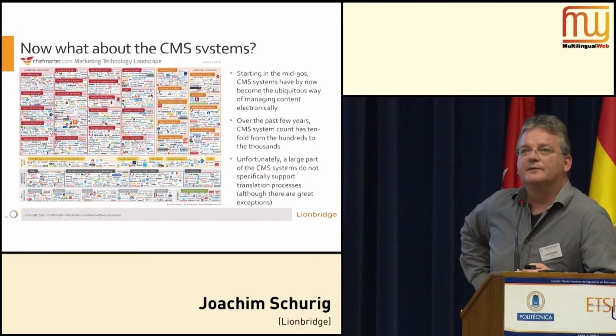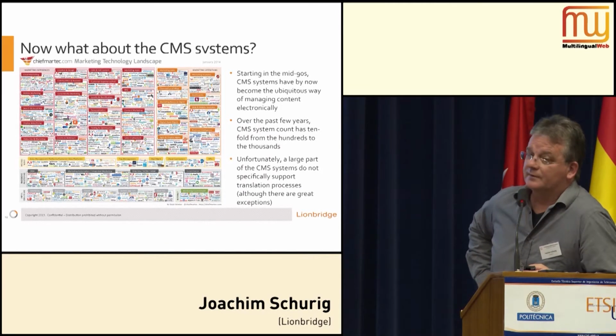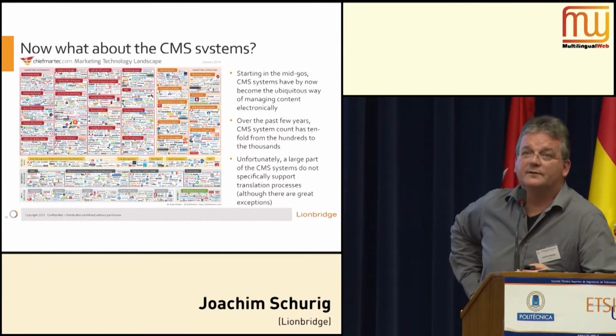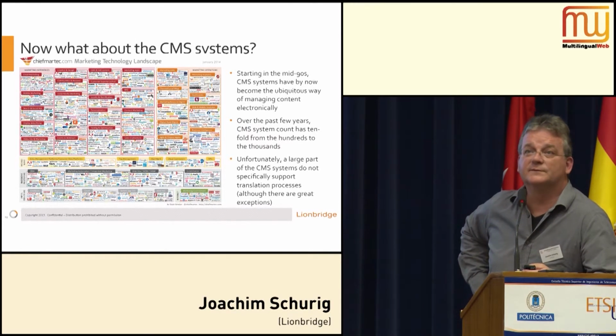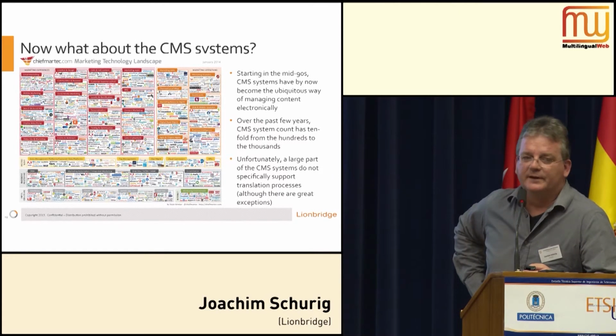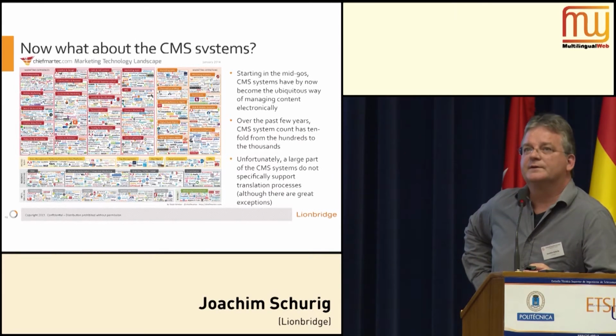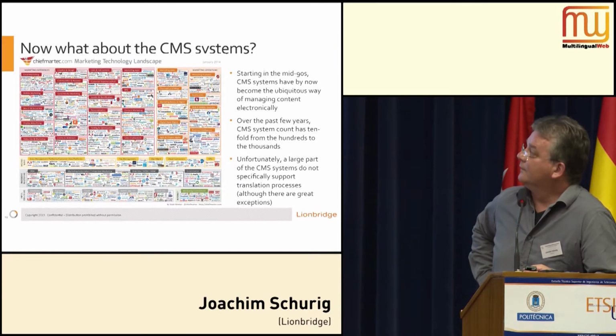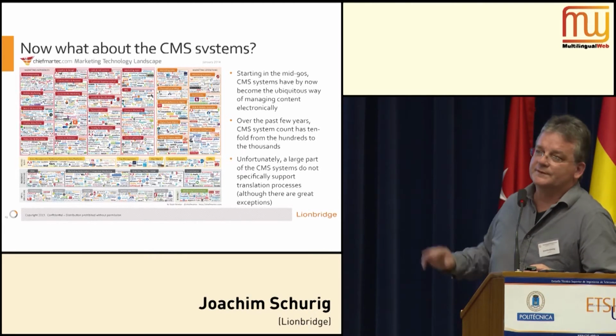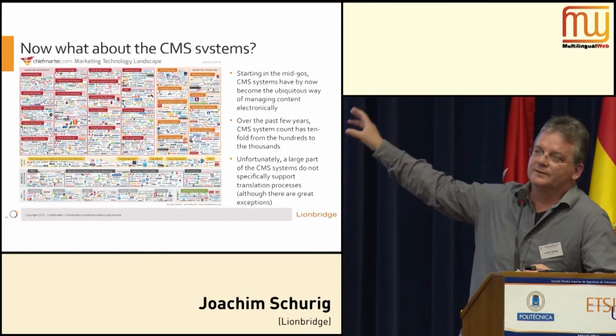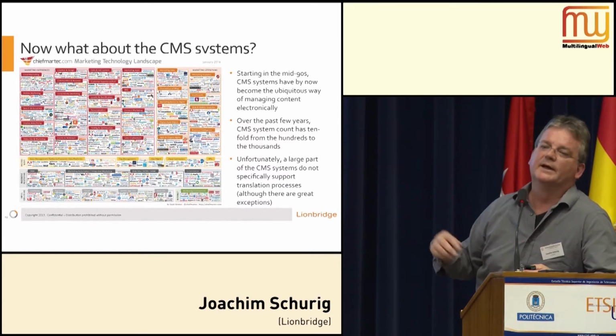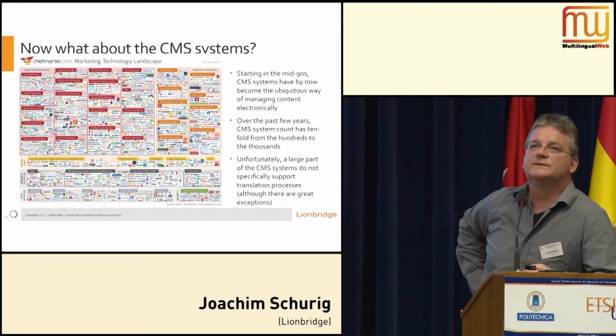Now come in the CMS systems. This graph, you can't see the details, but it isn't necessary. It's 1,000 icons of current CMS systems, which are what is currently, or from now on, containing our content. So we are more and more forced to get content out of these systems, to translate and get them back into these systems.